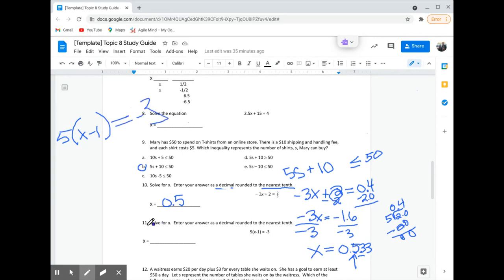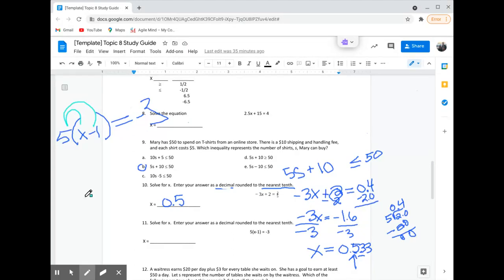All right, so looking at this, Layla, what do you think we could do? That problem confused me. That's okay. So what property do we have to use to multiply this 5 times the x and that negative 1? Does anybody remember?